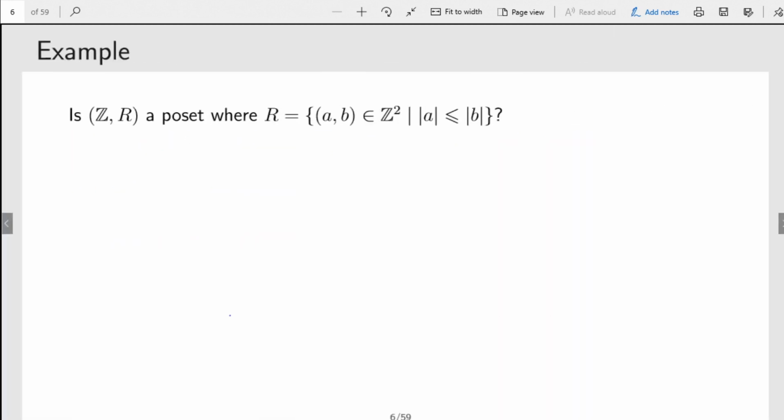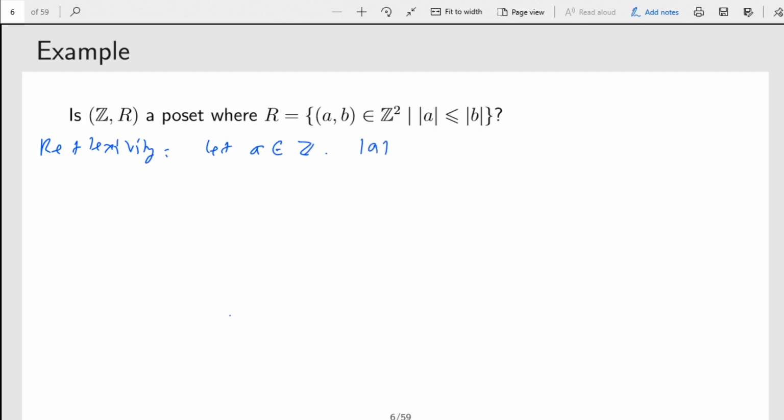So that's three examples. Let's see another example. This time we check whether this is a poset, and again we check reflexivity. Let a be an integer.